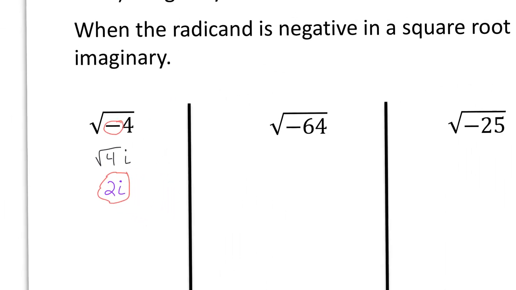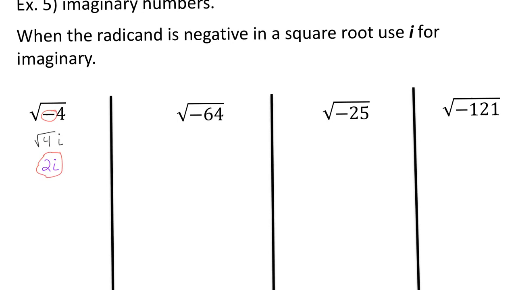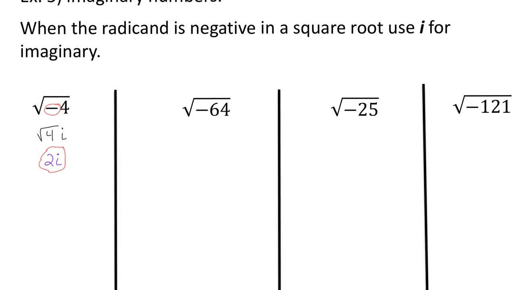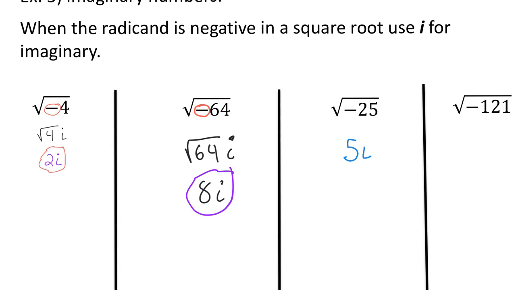So let's try a few more examples. When you are looking for the square root of a negative number, first of all, you change that negative into an i, and you have the square root of 64 i, and the square root of 64 is 8, and you keep the i. So that is my answer, 8i. When you look at the square root of negative 25, the square root of 25 is 5, but since it's negative, you are going to have 5i, and that's my answer.